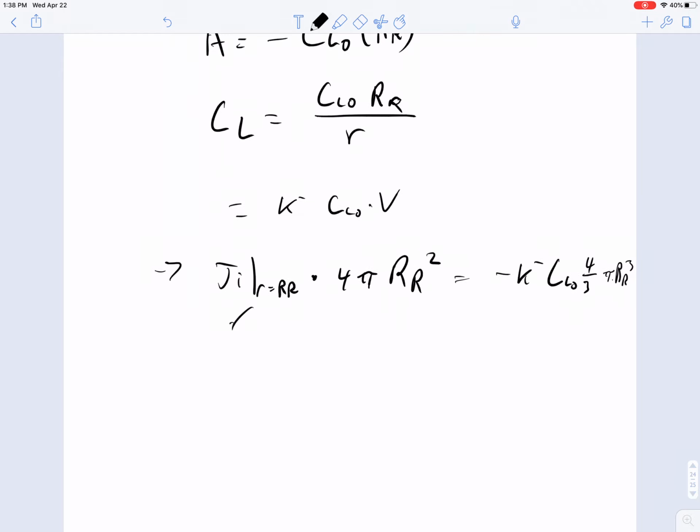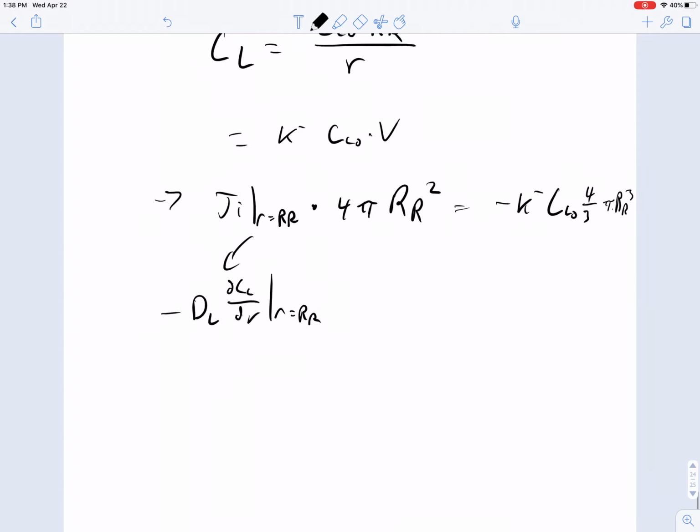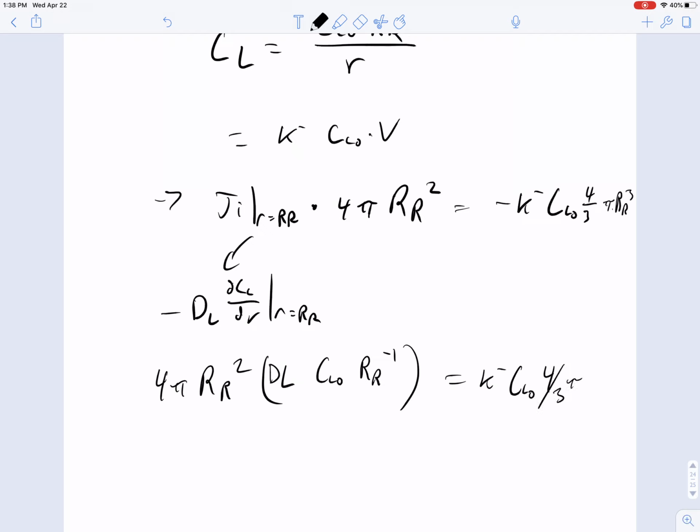Okay, so then you take the derivative. This becomes minus D_L times partial Cl partial r at the radius of the receptor, and after that substitution you end up with 4 pi times the radius of the receptor squared times D_L, the diffusion of the ligand, times Cl0 times r to the minus 1 equals K minus Cl0 times 4 thirds pi r cubed.